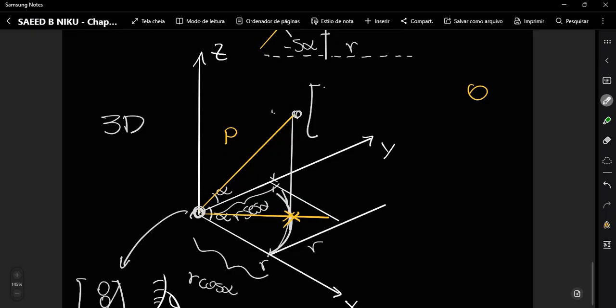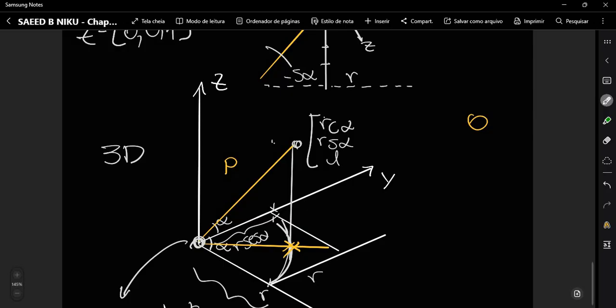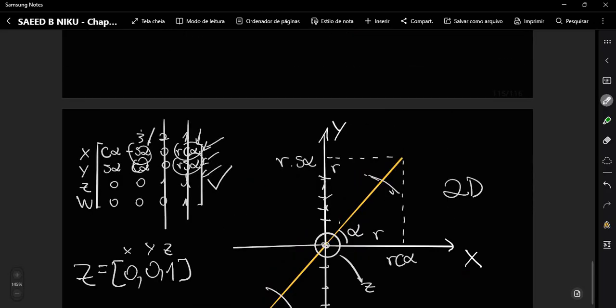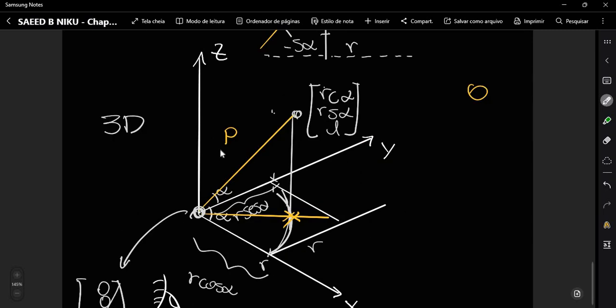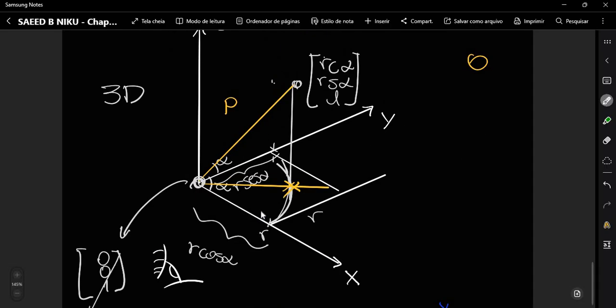R cosine of alpha, R sine of alpha, and L. And this third column, minus sine of alpha, cosine of alpha. What are these elements, these components? Let's see. Again, I'm doing this in real time, so you're studying with me.